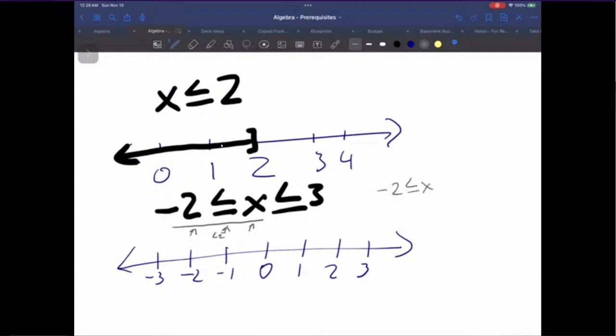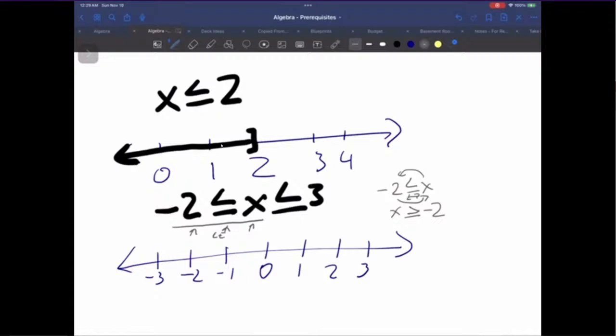Remember that that is the same as switching x over here and -2 over there, and then switching the sign. We'll denote that by a little vector. So I switch the sign, I write whatever was on the right side on the left side, and whatever was on the left side on the right side. That's the same as saying x is greater than or equal to -2.